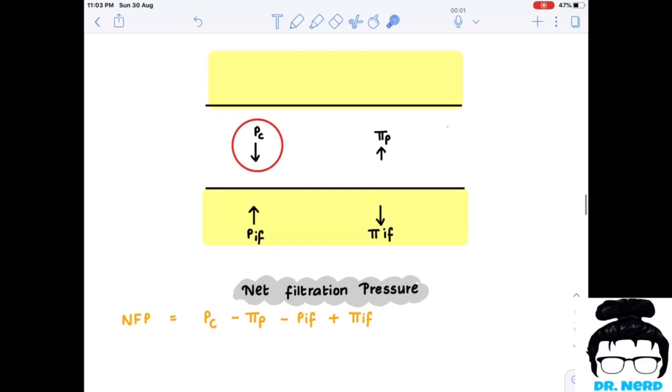So net filtration pressure is equal to PC, which is capillary hydrostatic pressure, minus, so which pressures are opposite to capillary hydrostatic pressure? This one and this one. So we're going to subtract them: minus PIF minus pi P, and then we're going to add interstitial colloid osmotic pressure. Why? Because it is acting in the same direction as capillary hydrostatic pressure.